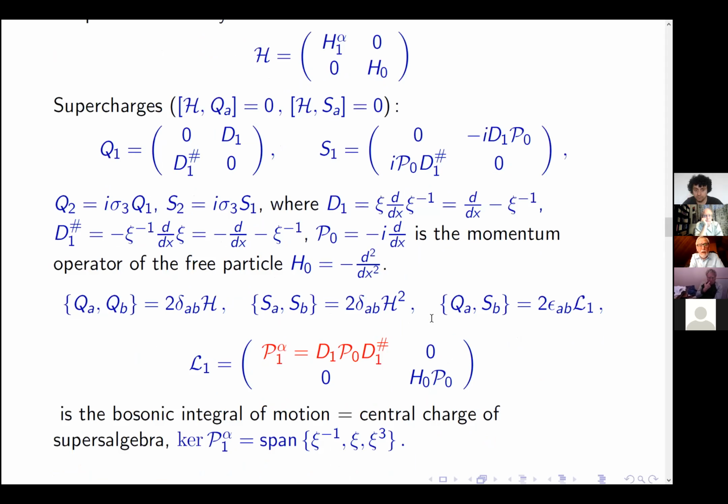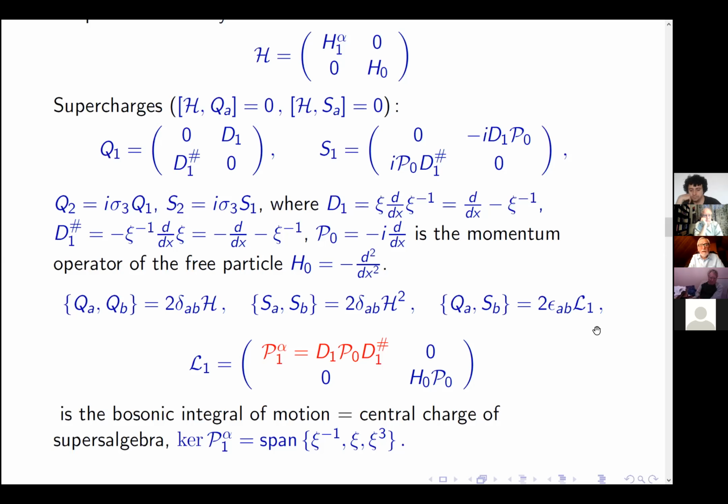In principle, one can introduce also another very important comment: you see that the linear supercharges anticommute to the Hamiltonian, the second order supercharges anticommute to a second order polynomial in the Hamiltonian, and the anticommutator of the supercharges of the indicated different nature produces a nontrivial bosonic integral of motion for the extended system.